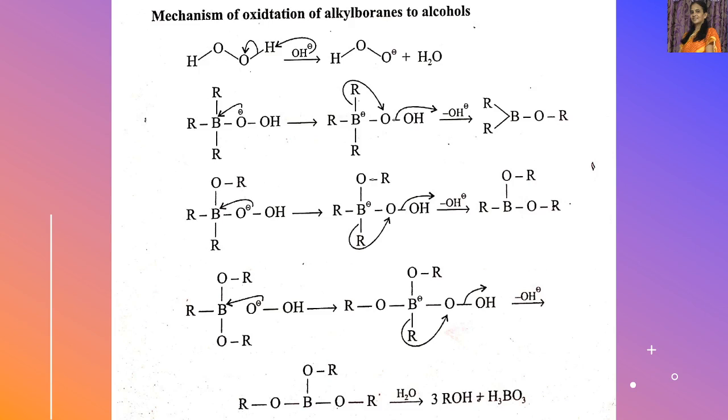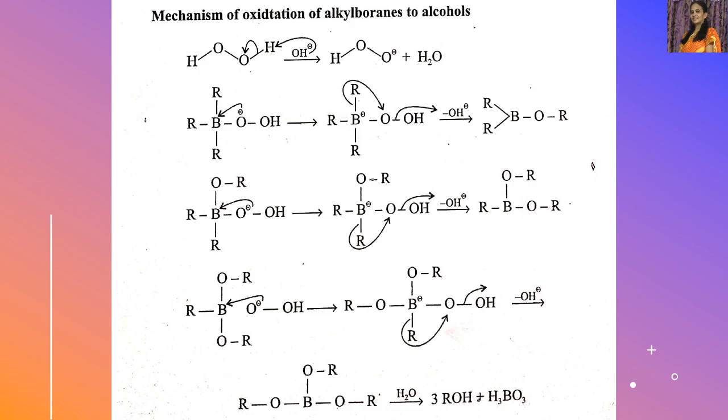Then what happens? This alkyl group transfers to this oxygen, whereby the bond between O and O breaks and the OH minus ion is lost. Thus, this is nothing but a kind of rearrangement. Okay. Then what do we get? Here, boron with two alkyl groups and OR.